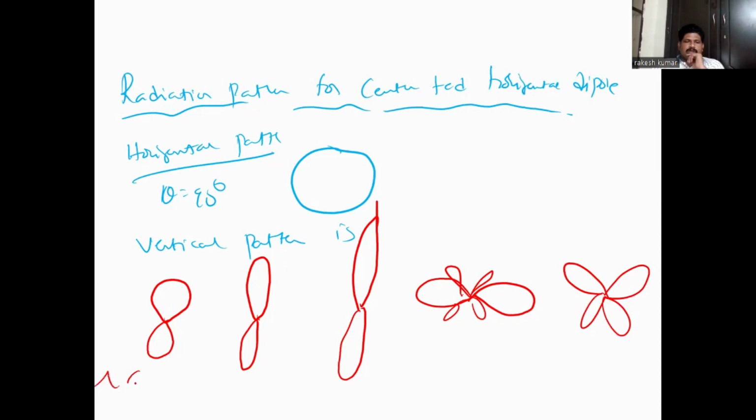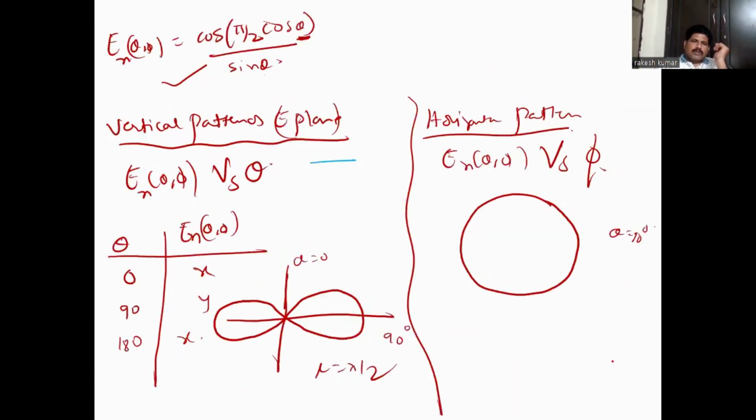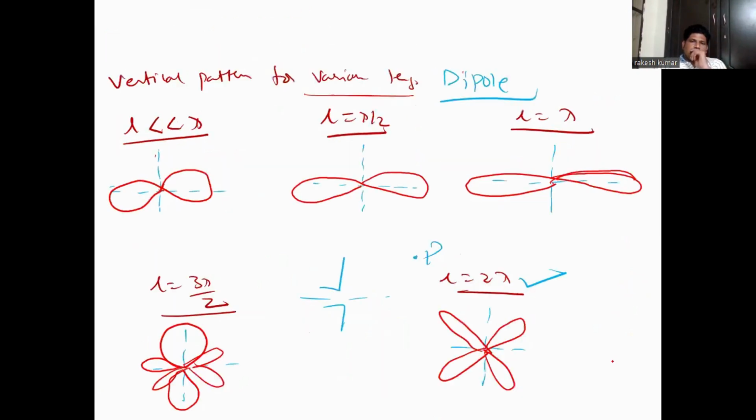This is for L less than lambda, this is for L equal to lambda by 2, this is for L equal to lambda, and this is for L equal to 3 lambda by 2.